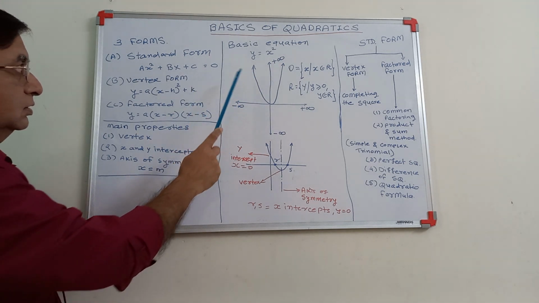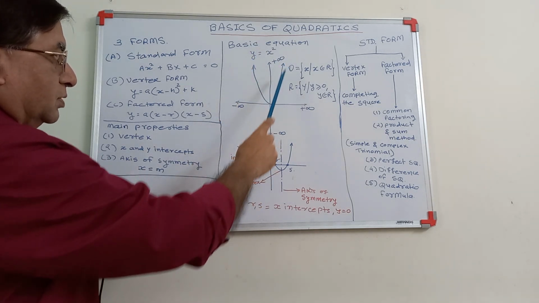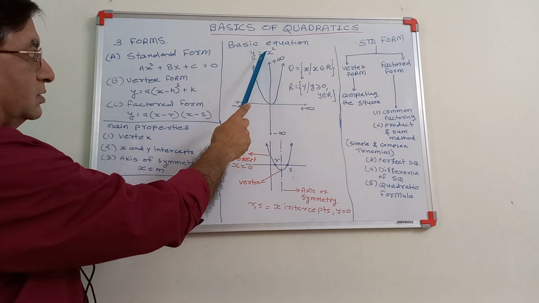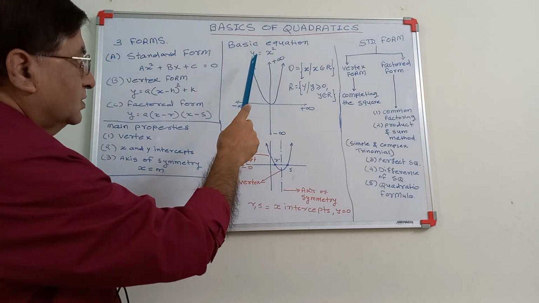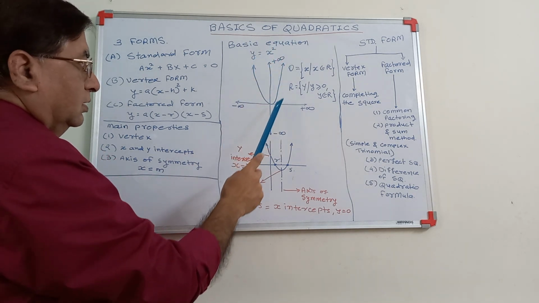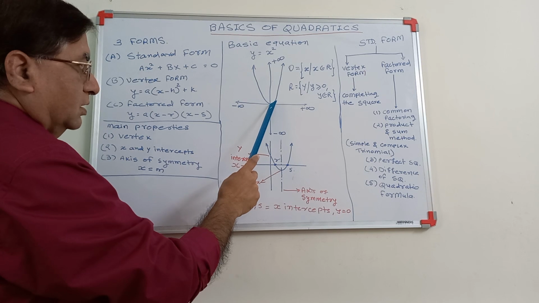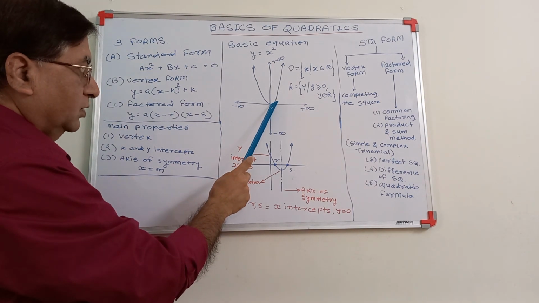Now this is the graph for a quadratic equation, and this is basically a parabola, which is represented by the equation y is equal to x square. Now, if you see, this parabola goes infinite this way and this way, and it is touching the x-axis at point 0, 0. So this is basically the vertex point.